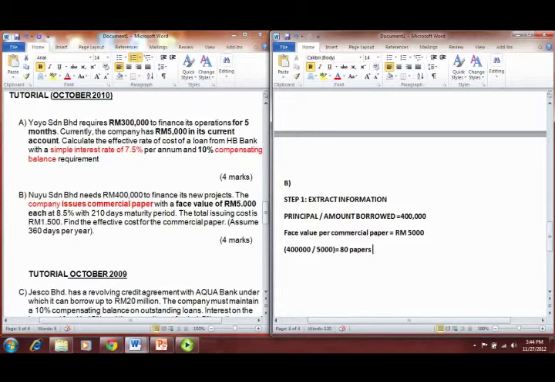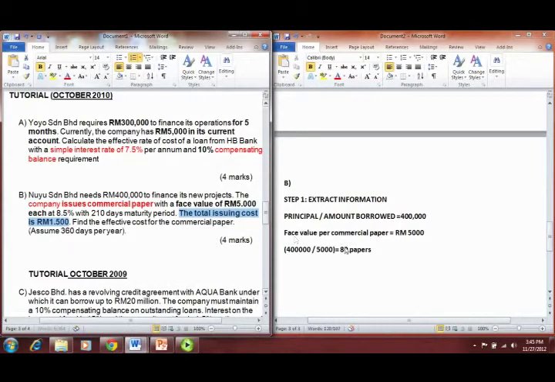For example, if the question gives an issuing cost per paper of 10 ringgit, the amount to borrow is 400,000, but the face value per commercial paper is only 5,000, so you issue 80 papers, and the total issuing cost is 80 times 10. However, in this question, you see the total issuing cost is 1,500.